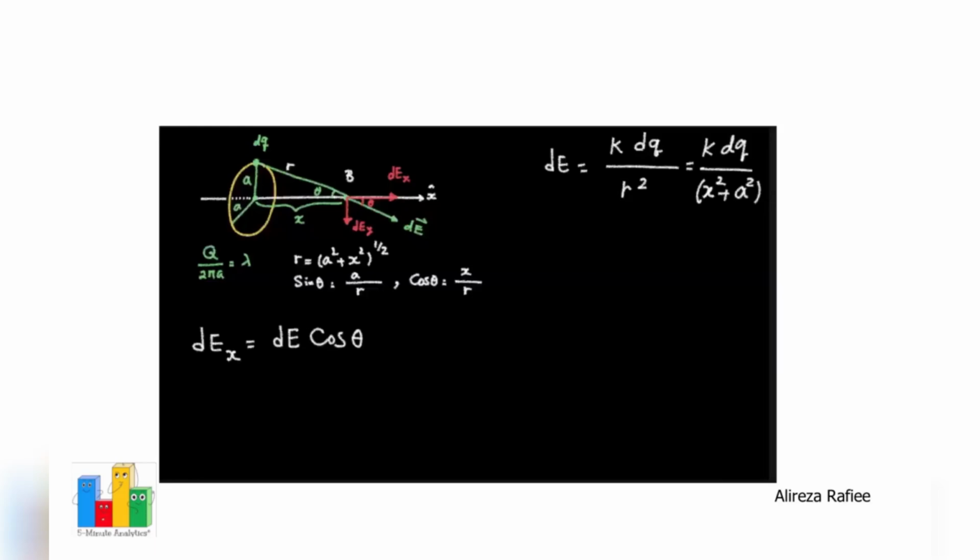We also know that the cosine is x divided by r. So I'm going to replace them all at once. So it becomes dq times k, divided by, then multiplied by x. We have 1 r and 2 r, that becomes 3 r. So it becomes (x² + a²) to the power of 3 by 2.